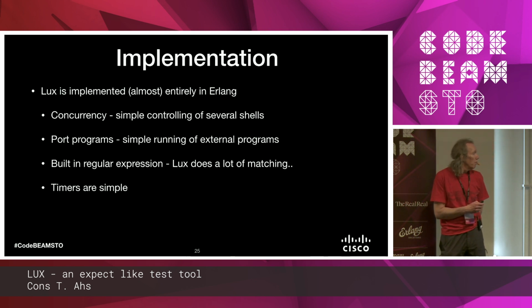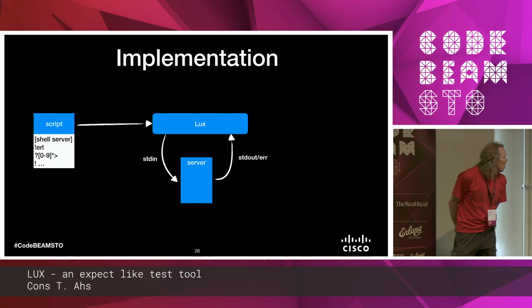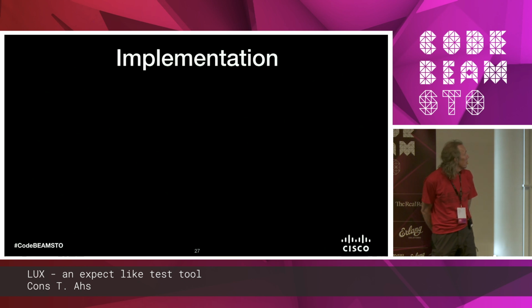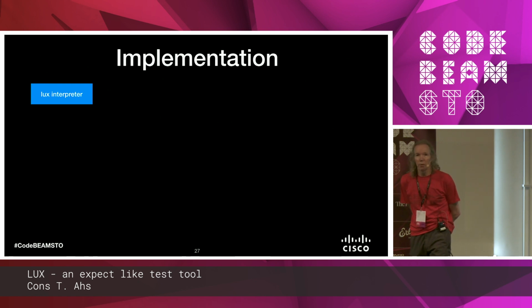So, a minor look behind the scenes of the implementation. So this is the single shell view. And the implementation looks like this: we have a LUX interpreter which takes the input line by line.